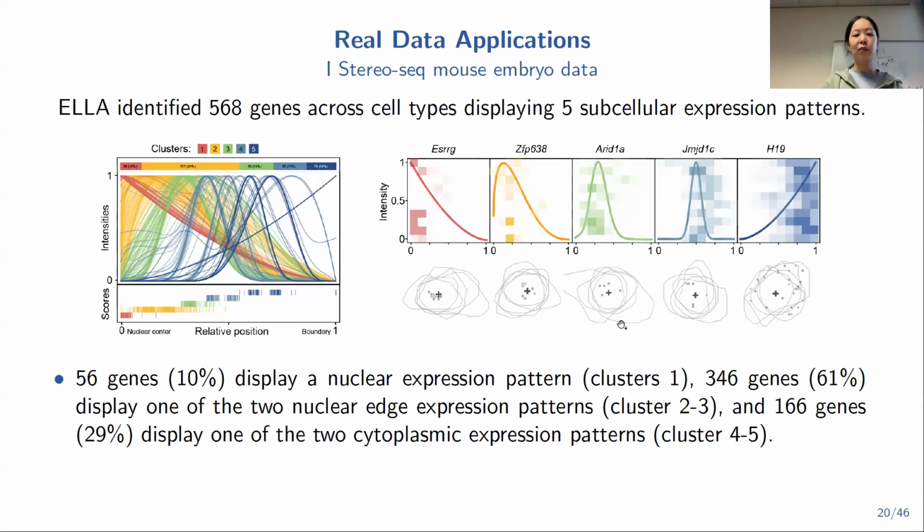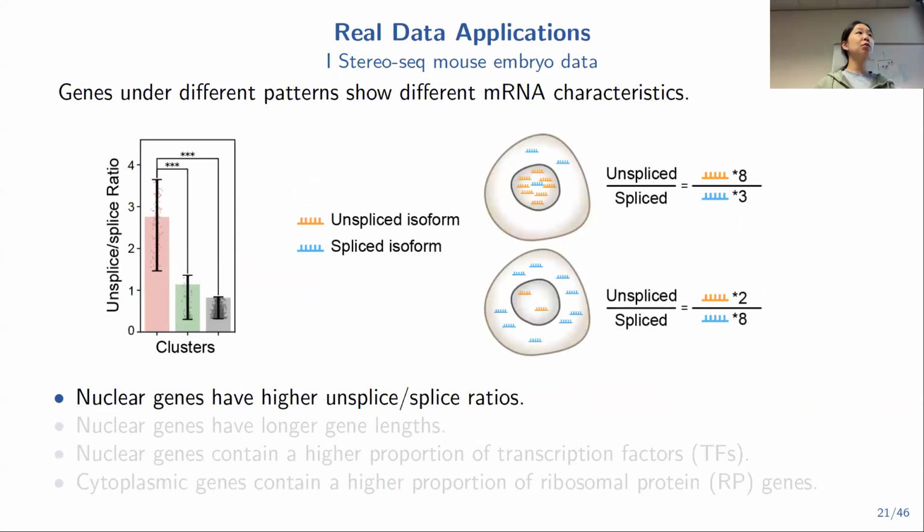So that's the result. We also want to do some validation to check whether our results from real data make sense, because there's no ground truth anymore. One thing we used is something we already know: unspliced data, which are immature RNAs, are more likely to sit inside the nucleus.